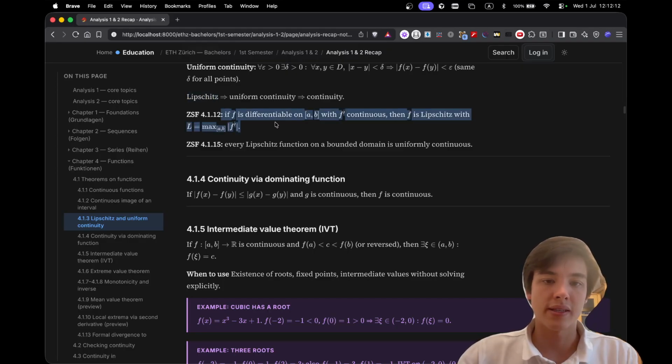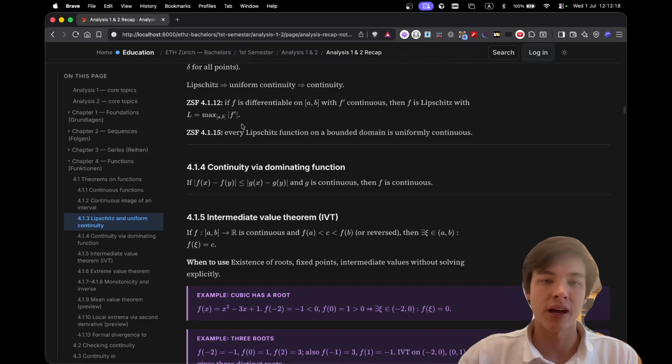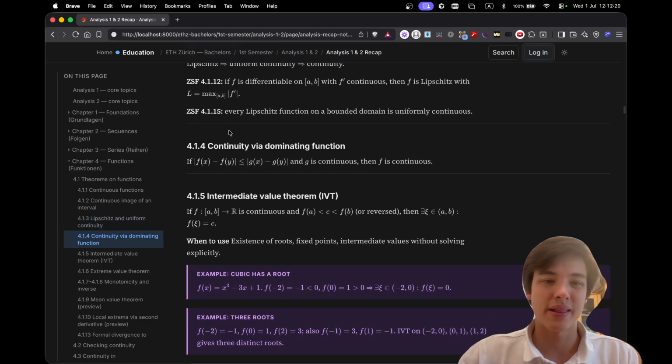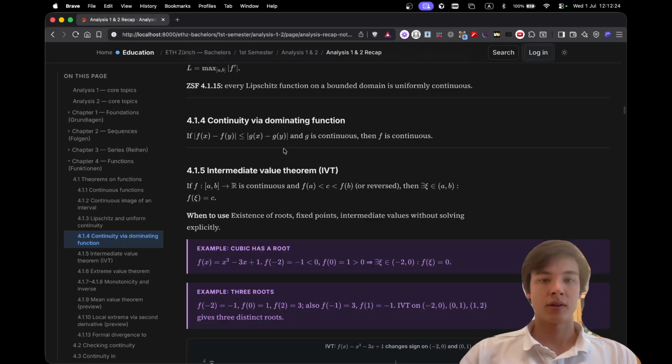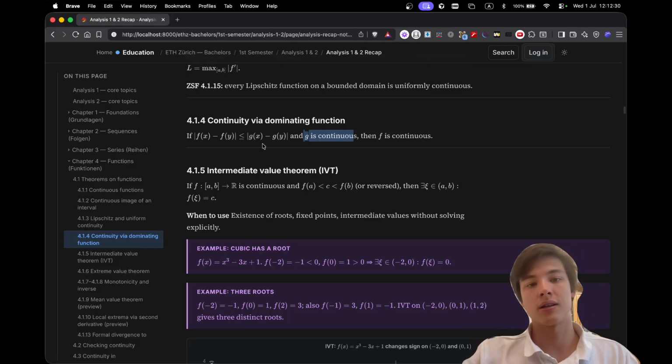Yeah, and this is what I said, if it's Lipschitz, so if the derivative has a maximum value, it's bounded by that. We know G is continuous, and it's always larger than F, then F is also continuous.